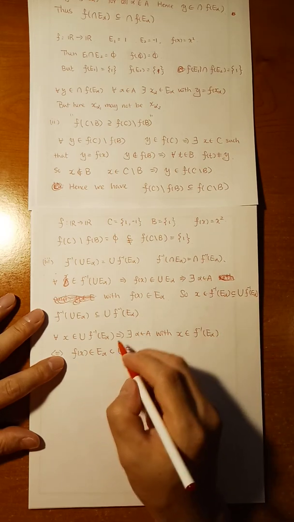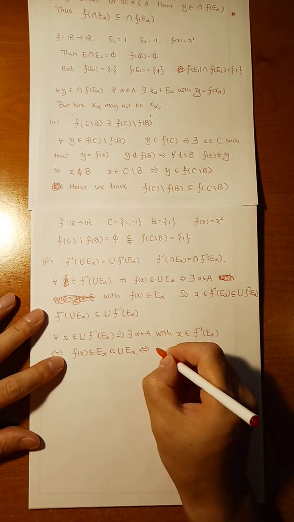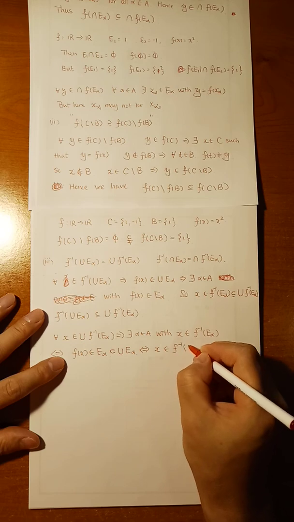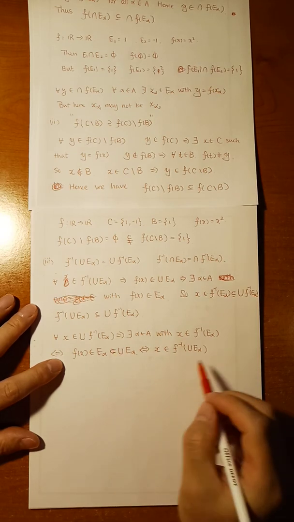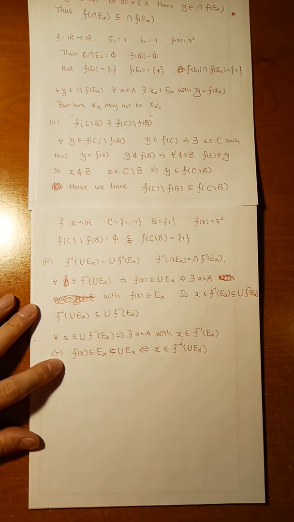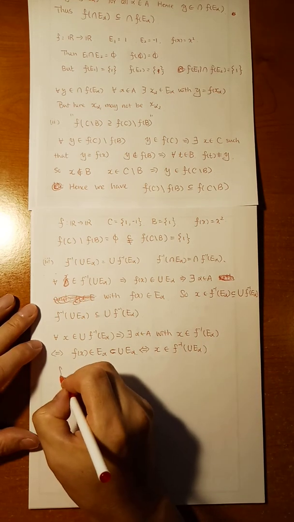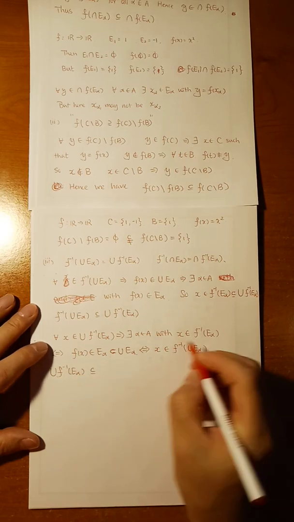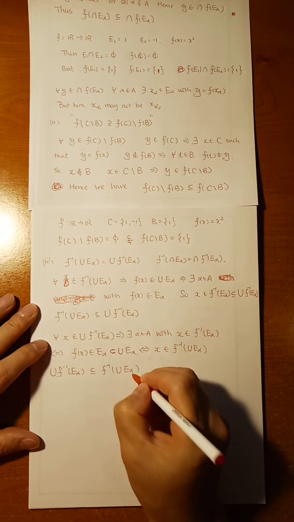So fx is inside the union of E alpha. So this is equivalent to x being an element in the inverse image of the union of E alpha. So we get the union of F inverse of E alpha is a subset of F inverse of the union of E alpha.